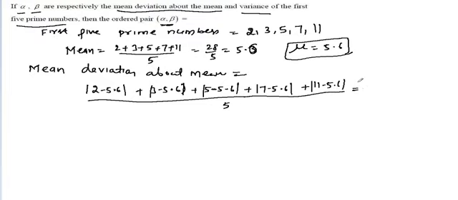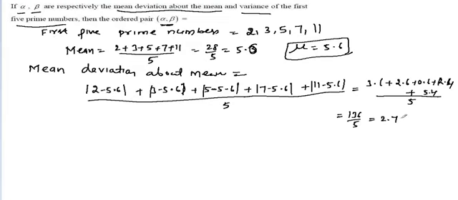That is 2 minus 5.6, that is 3.6, plus 3 minus 5.6, that is 2.6, 5 minus 5.6, that is 0.6, 7 minus 5.6, that is 1.4, plus 11 minus 5.6, that is 5.4, by 5, that is equal to 13.6 by 5, that is equal to 2.72. This is the mean deviation about mean.